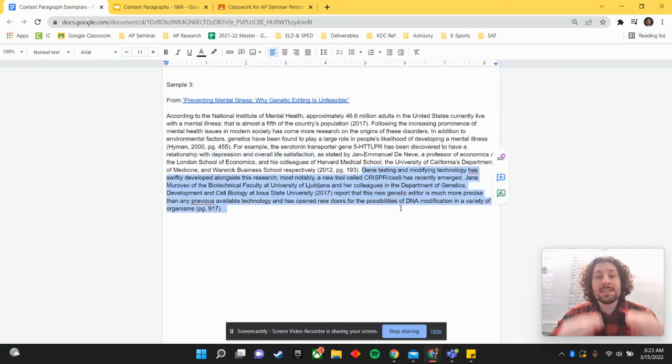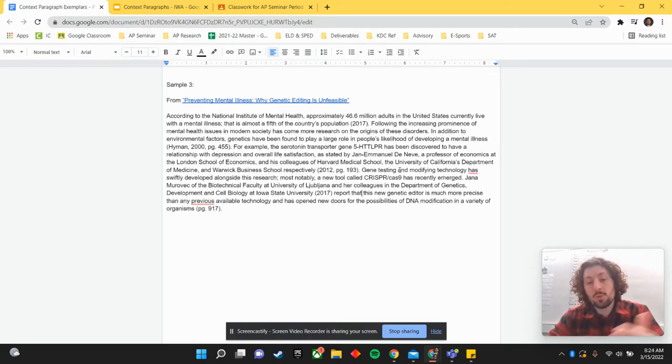Now, towards the end of this introduction, we know we should be either stating our topic or research question and presenting our thesis statement. Gene testing and modifying technology has swiftly developed alongside this research. Most notably, a new tool called CRISPR/Cas9 has recently emerged.